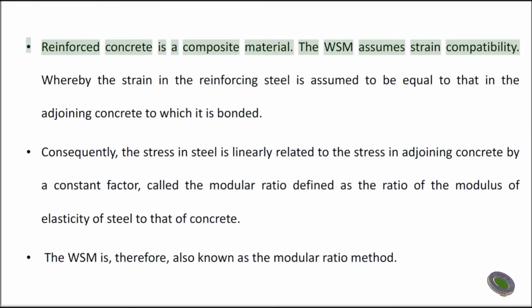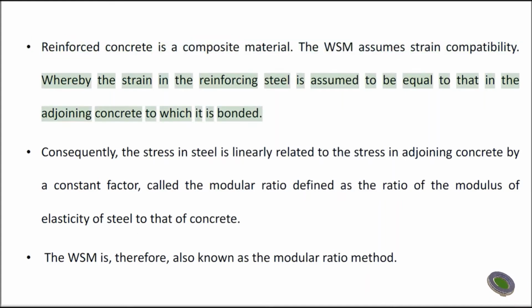Reinforced concrete is a composite material. The WSM assumes strain compatibility, whereby the strain in the reinforcing steel is assumed to be equal to that in the adjoining concrete to which it is bonded.